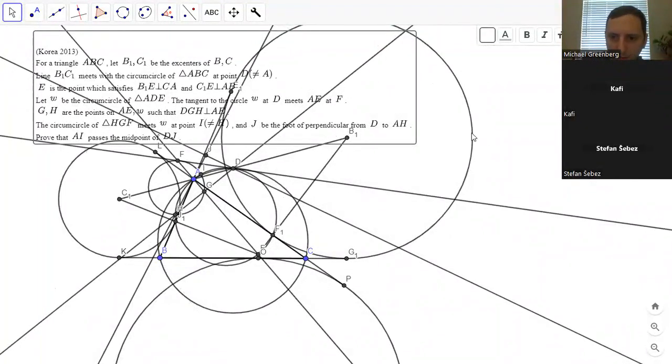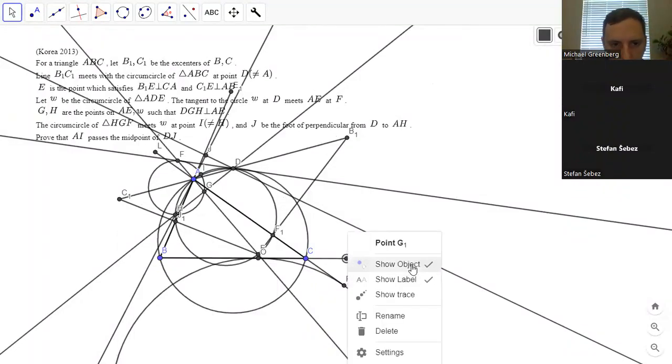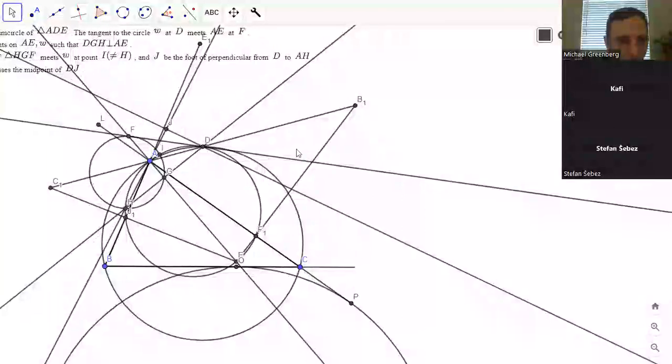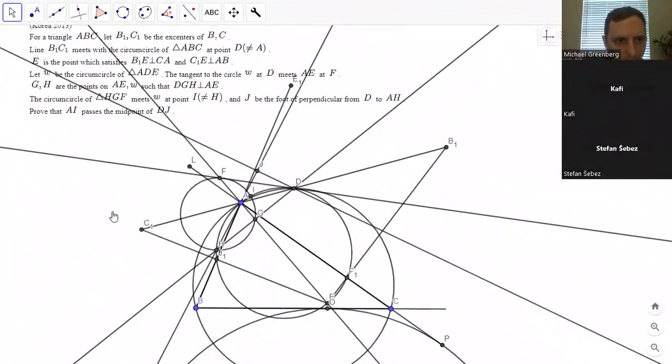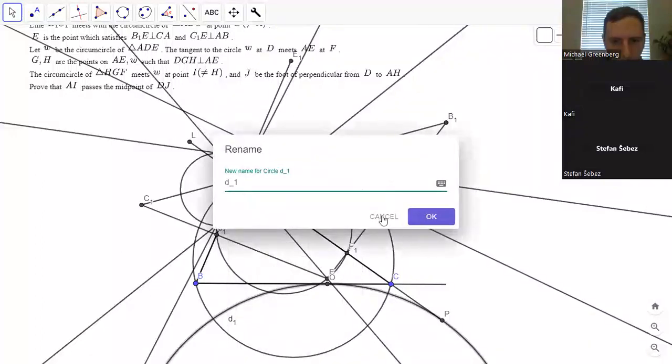Okay. Let's see. So what did I do here? The top one is also not needed. The bottom one, this one. Whoops.